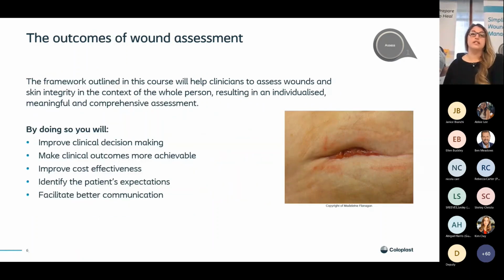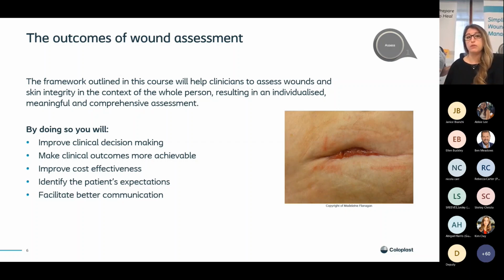So the outcomes of wound assessment: if you do a really good, robust wound assessment, then that can help us to improve our clinical decision making. It will help make the clinical outcomes far more achievable, but it will also improve your cost effectiveness.